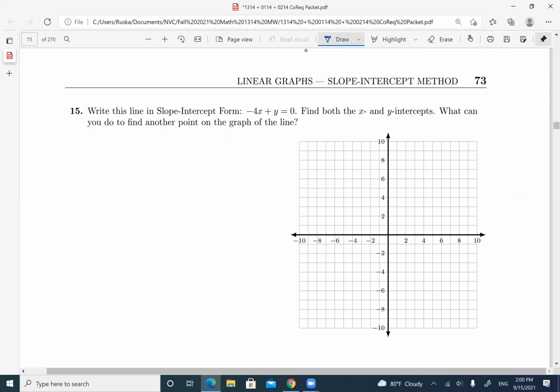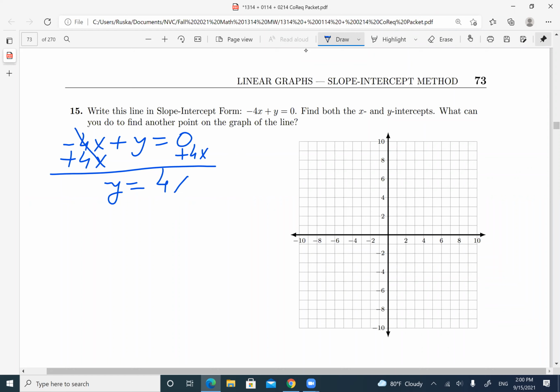If I want to get this in slope-intercept form, I need to move the 4x over to get y by itself. So I'm going to add 4x. And we're going to get y equals 4x. Okay? So y equals 4x.